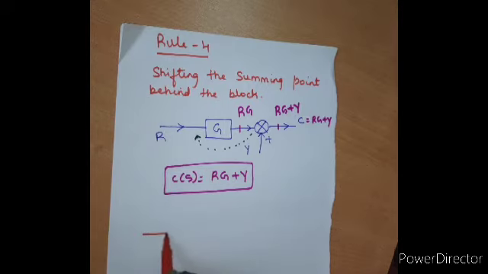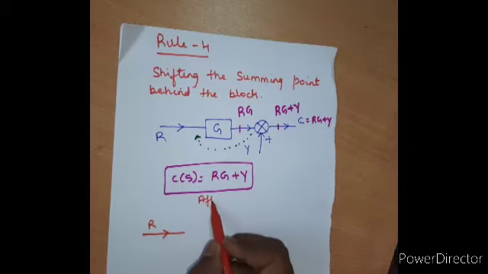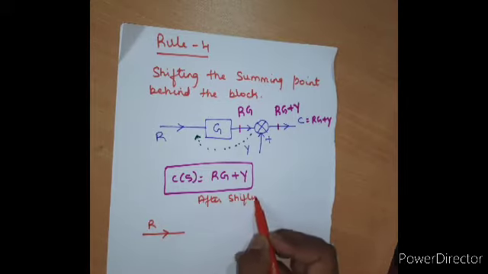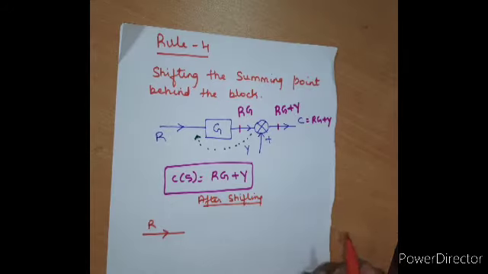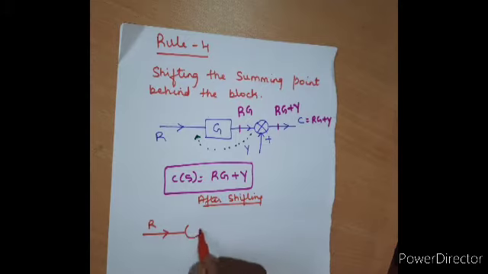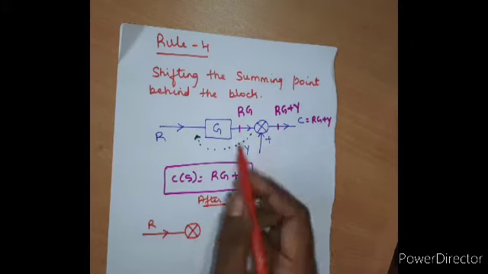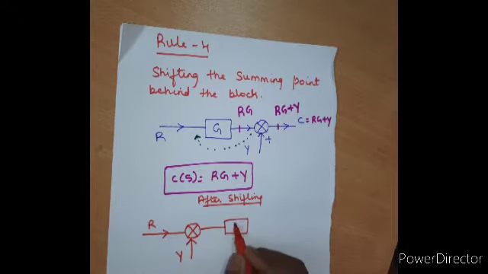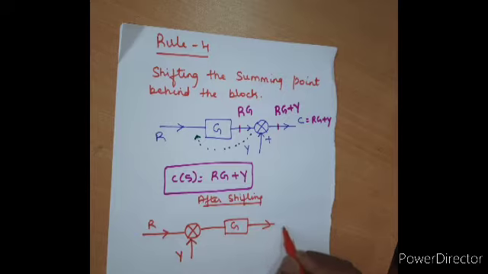I have an input R of S. After shifting, the summer will be here, with output Y, then I have a block of G, output C.